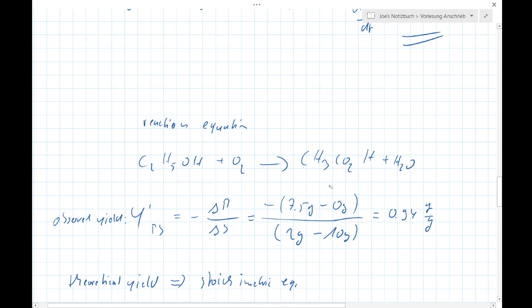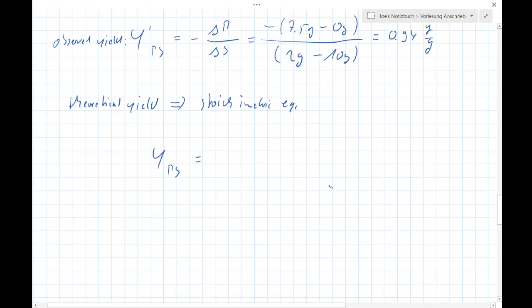We like these equations where we have mole to mole, so 1 mole acetic acid, our product, divided by 1 mole ethanol, and we just put the masses. 1 mole acetic acid is 60 grams per mole, and ethanol is 46 grams per mole.